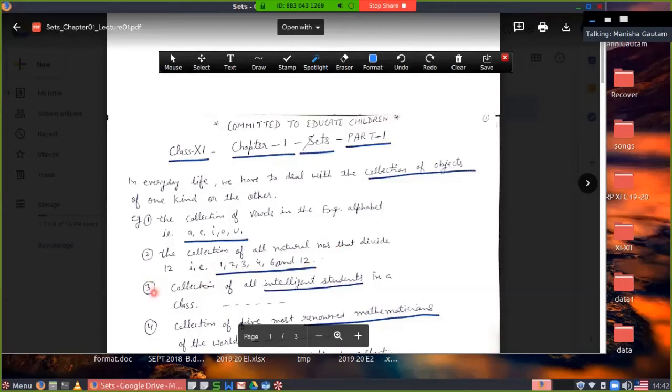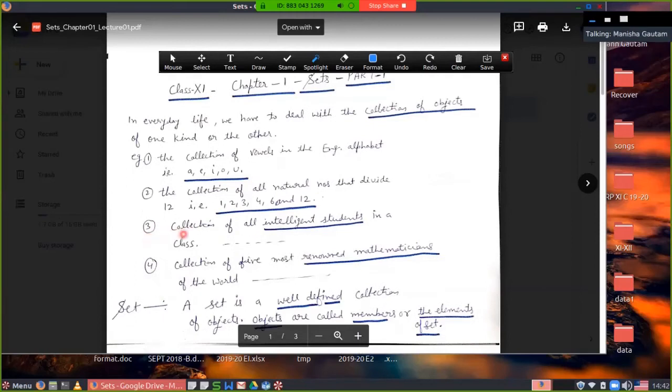Now the third example: the collection of all intelligent students in a class. Here it is difficult to find out who is intelligent and who is not, because no rule to find the intelligence of a student is given in the statement. The same in example number 4: the collection of 5 most renowned mathematicians of the world. Maybe in India we would prefer our Indian mathematicians, and in the UK they would prefer their own.